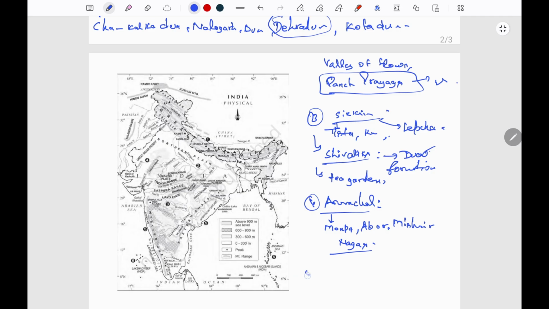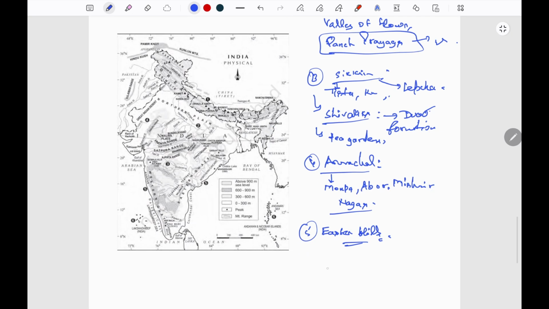Next one is the Eastern Hills. These are the Eastern Hills. Now they are known by different names like Patkai Bum, Naga Hills, Manipur Hills, Mizo or Lushai Hills.